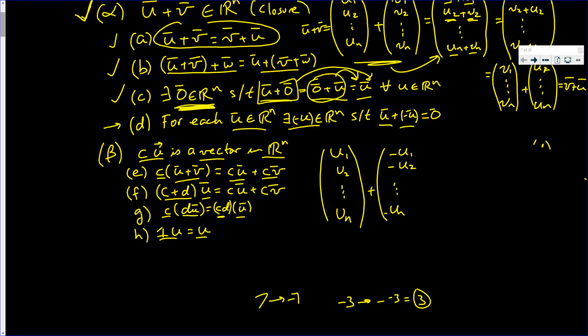Since they're n real numbers, it's in Rn, you must state that. So this is equal to u1 plus negative u1, u2 plus negative u2, all the way down to un plus negative un.